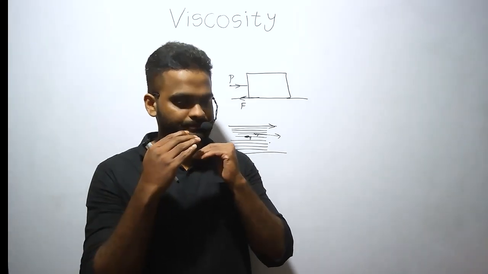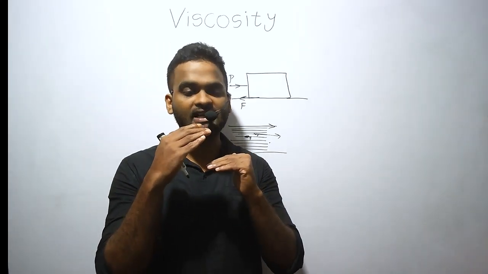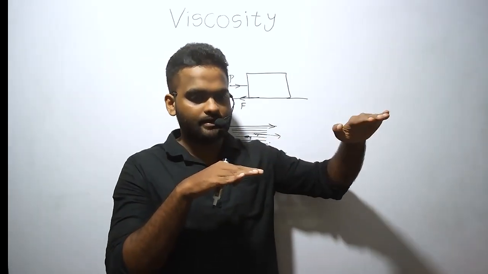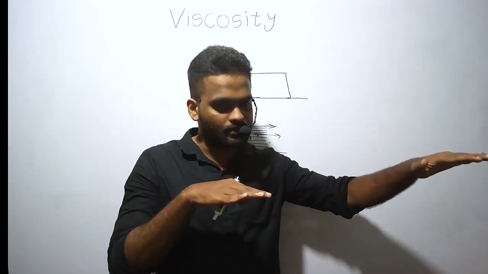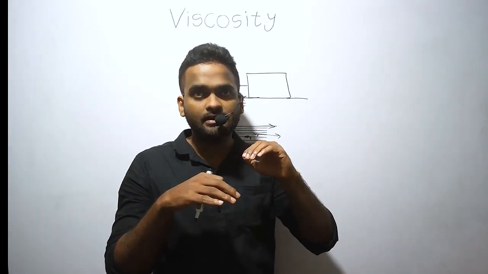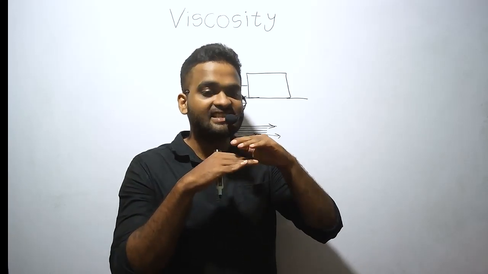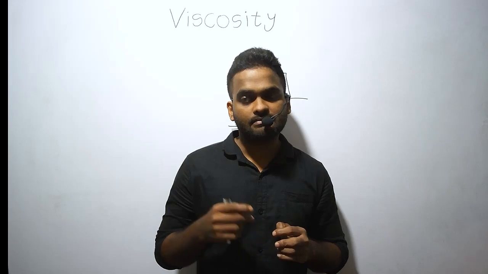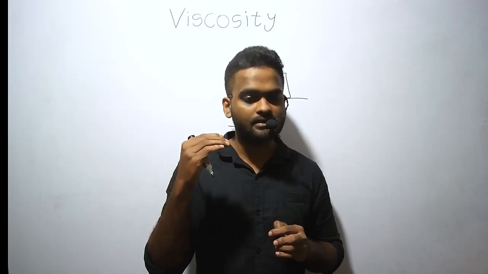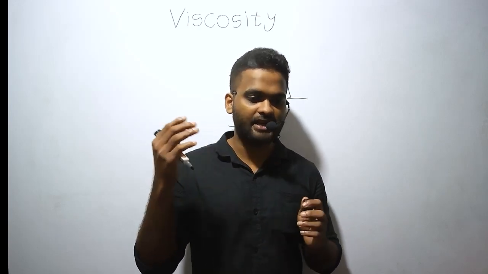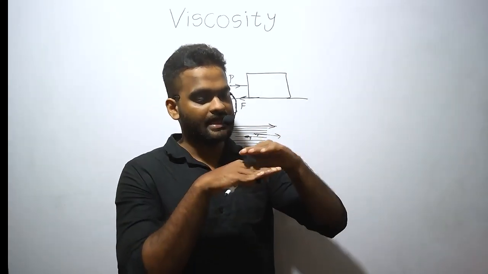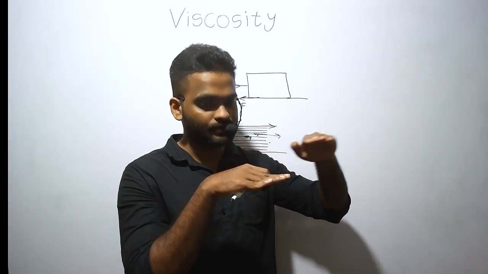So let's say you have two liquids. One liquid is water. So water can easily flow, right? Water can easily flow, meaning it has less friction, it has less viscosity. If you consider treacle or honey, let's say honey. If you consider a honey flow, it is hard to flow, right?